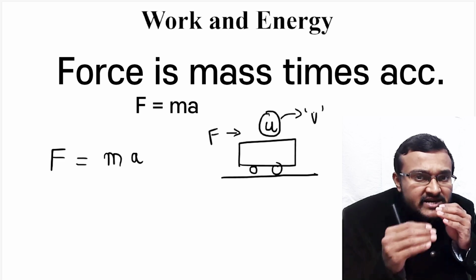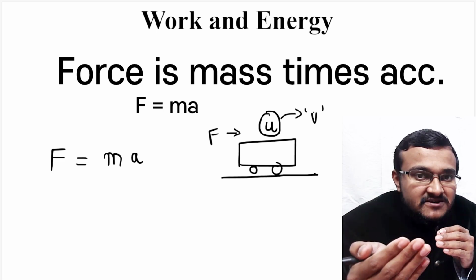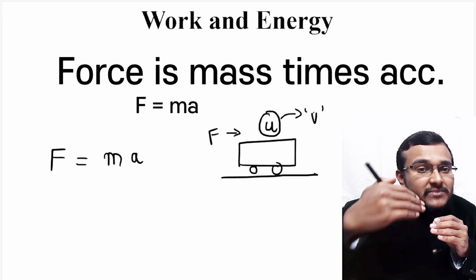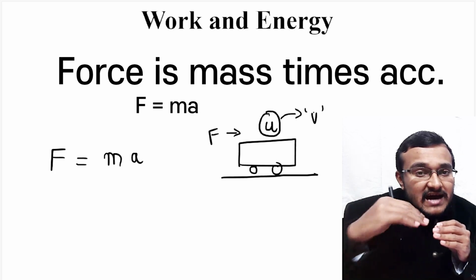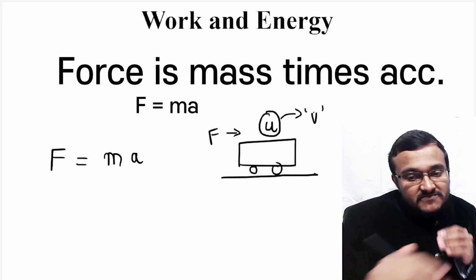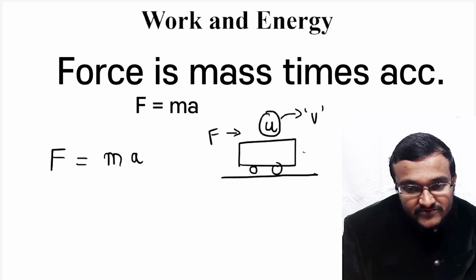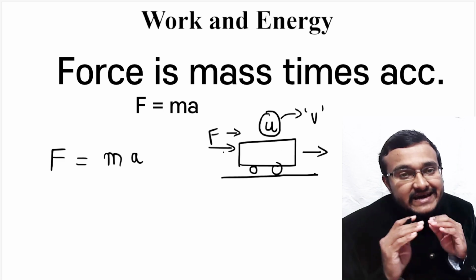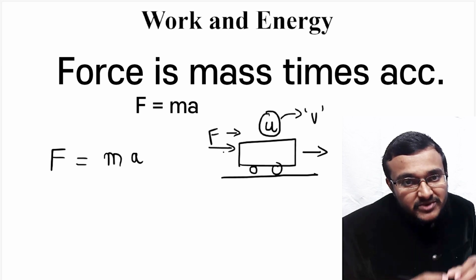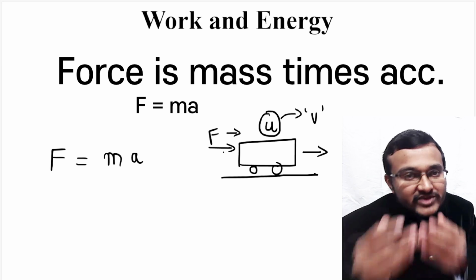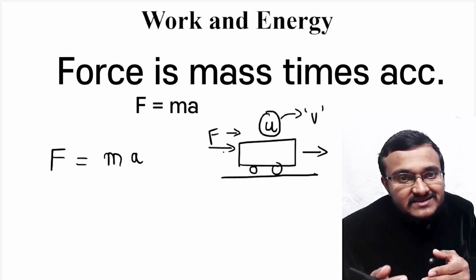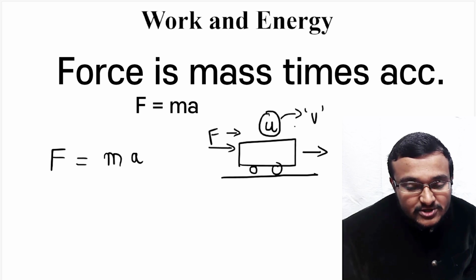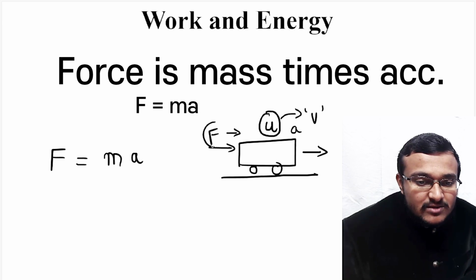When the force F is applied, the initial speed u will be converted to the final speed v. That means its speed increases because of the force applied on that car along the direction of motion. For example, if the car is moving in this direction, the force is also applied in this direction. So the speed of the car increases from u to v, and because speed is increasing, there is acceleration coming into the picture, because we are putting a certain amount of force.